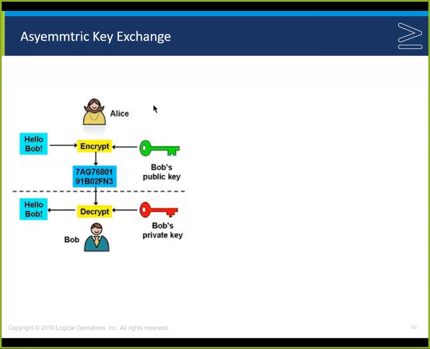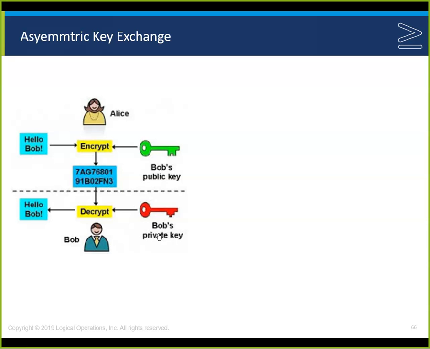So in this one, Alice and Bob are going to have a conversation. Alice has Bob's public key and Bob has Bob's private key. The private key needs to be kept private. It should never be disclosed to anybody.